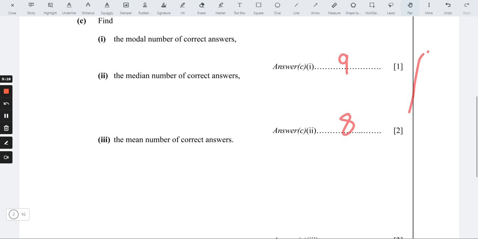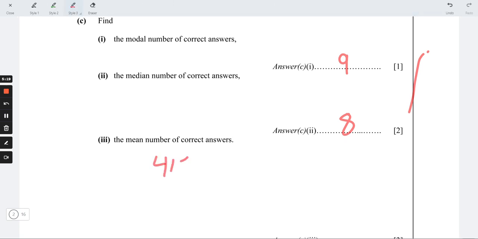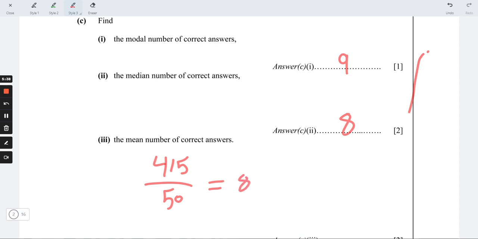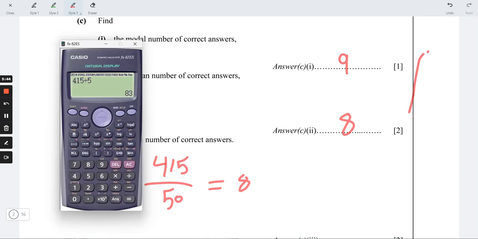So the mean is 415 divided by 50 students, dividing 50, which is equal to 8.3.